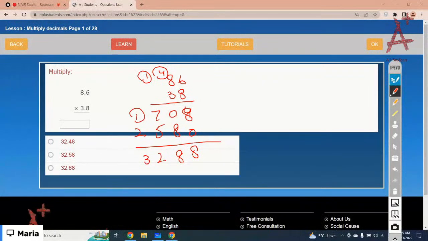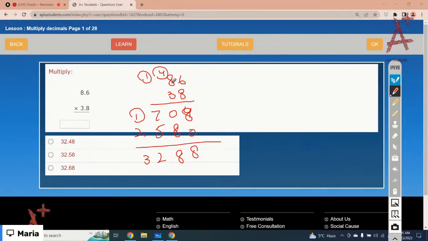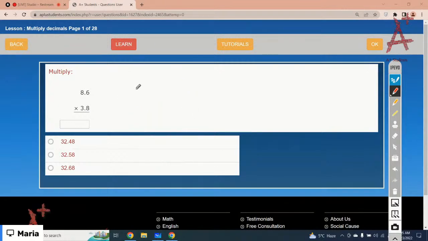It is 3268. 3 times 6 is 18. 8 times 6 is 48, 8 and 4 carry. 8 times 8 is 64, 68 it is. Wait, let me do it again.